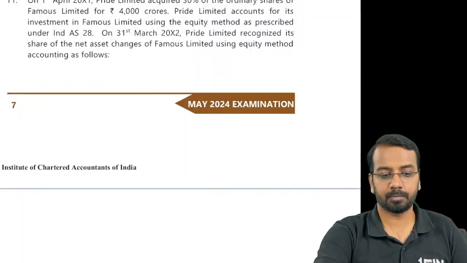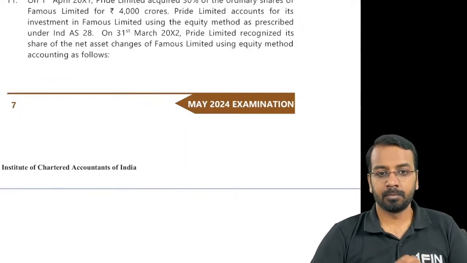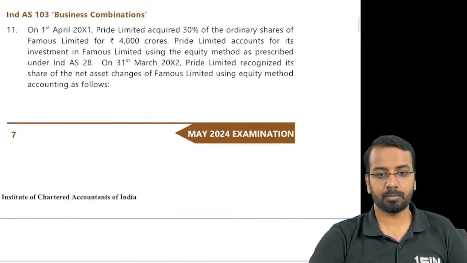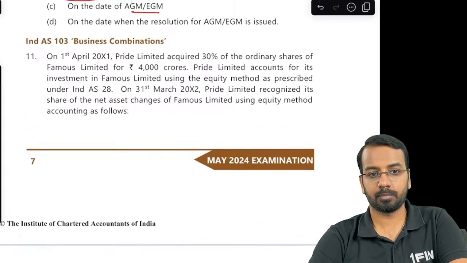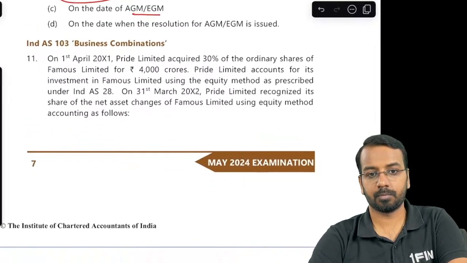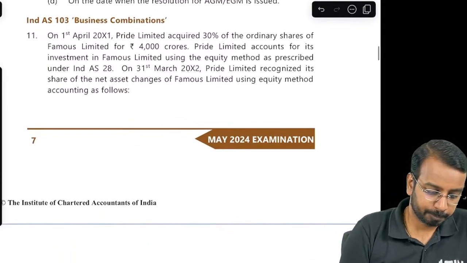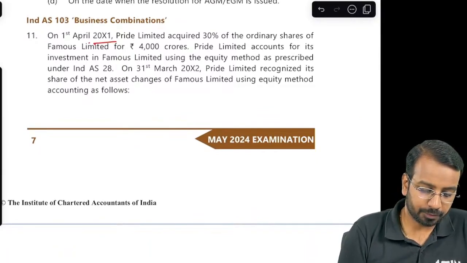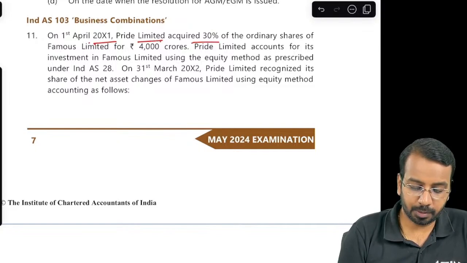The next question that we will be discussing is on Ind AS 103 on business combination. On 1st of April of year 1, Pride Limited acquired 30% of the ordinary shares of Famous Limited for 4,000 crores.